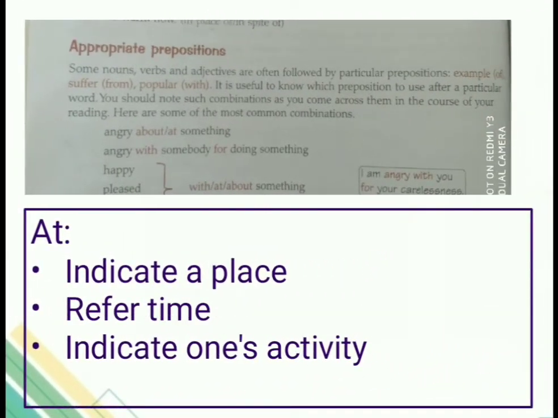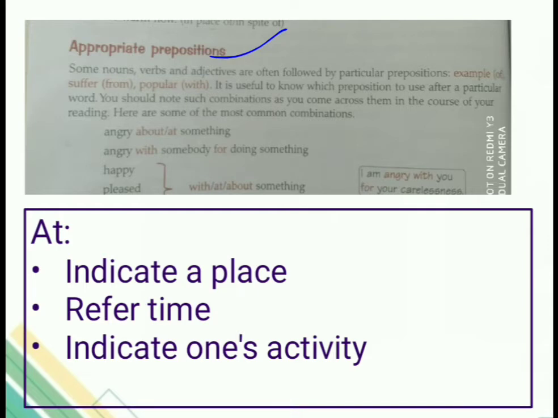Now, appropriate prepositions. If you see on page number 83 below the definition, you have the heading appropriate prepositions. In 5th standard, let me remind you all that you have studied prepositions of time, place, etc. Yes, you have studied them separately by their types. Now, what are appropriate prepositions?